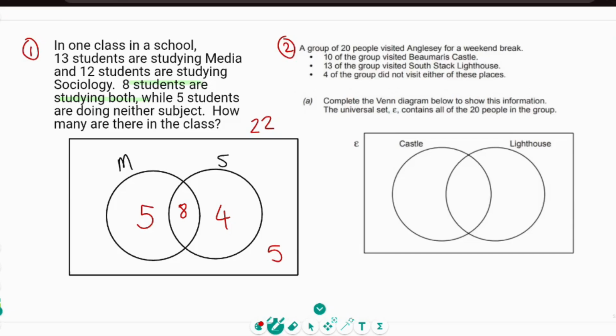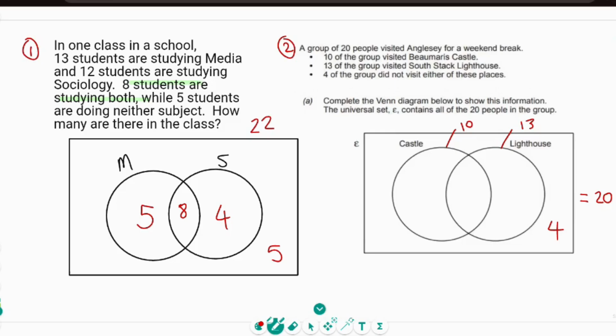A group of 20 people visited Anglesey for a weekend break. 10 visited Beaumaris Castle. 13 South Stack Lighthouse. 4 of the group visited neither. Again, I'll do both methods, but I'll do them in the reverse order this time. We know the whole group is 20 people.